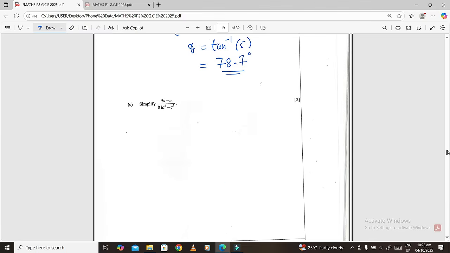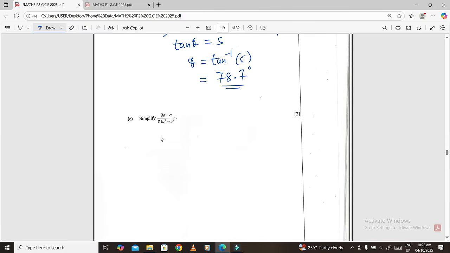We need to simplify. We've got 9a minus c over 81a squared minus c squared. So this would be 9a minus c over 9 squared a squared minus c squared.